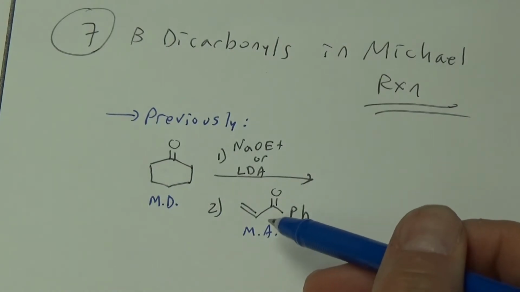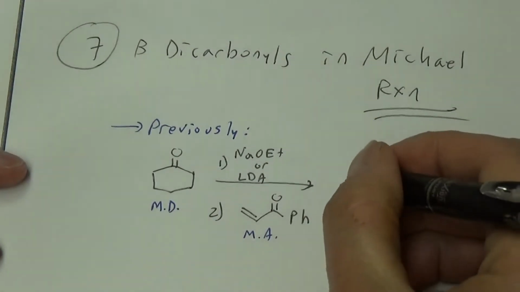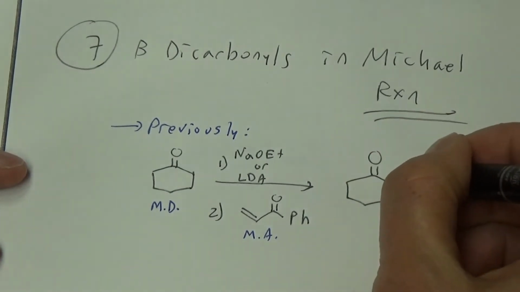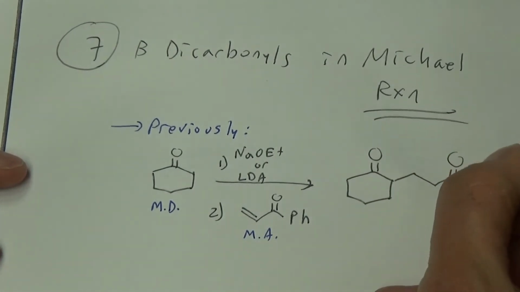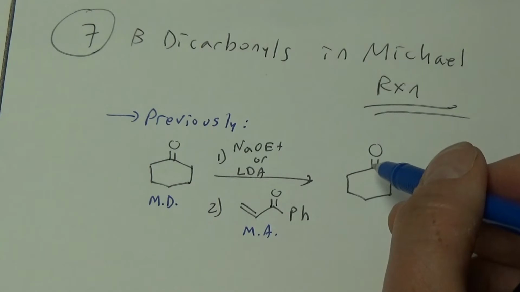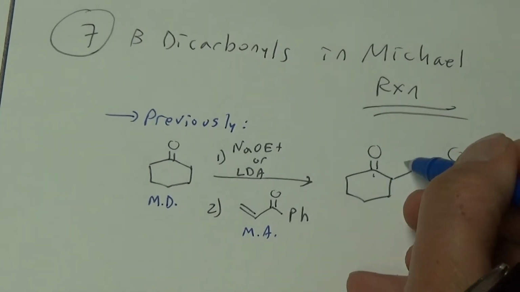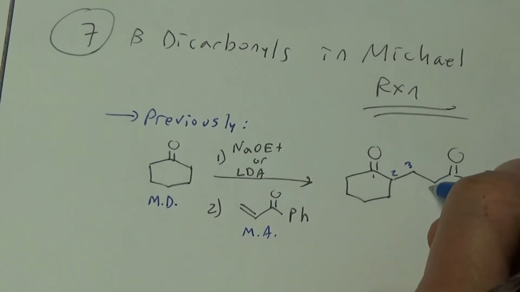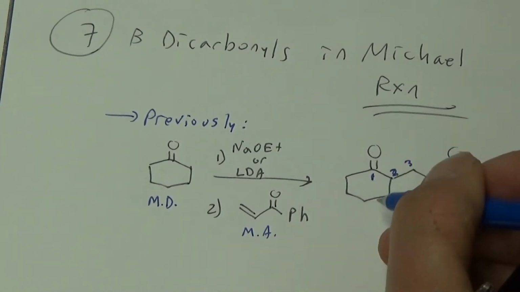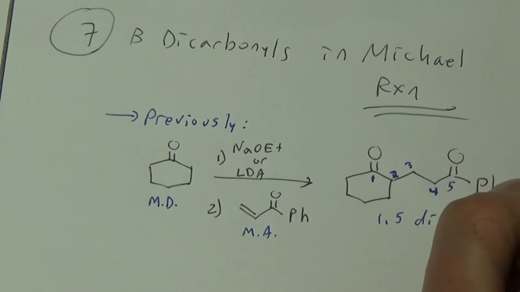Okay, and essentially what we get is, what was the product of a Michael? A 1,5-dicarbonyl. And by 1,5 I mean the relationship between the carbonyl 1 and carbonyl 2. 1, 2, 3, 4, 5, right? So, 1,5-dicarbonyl.